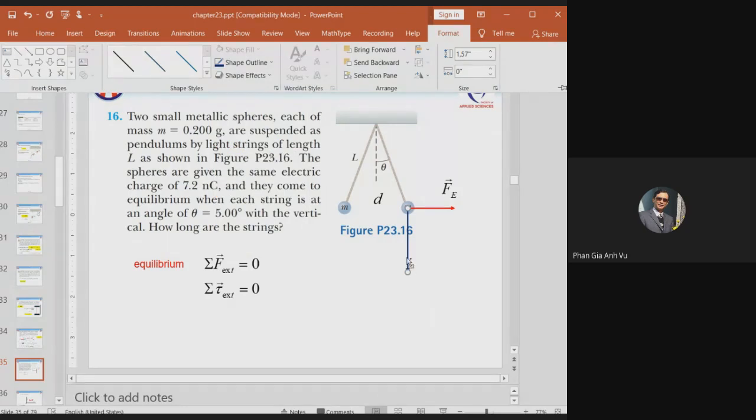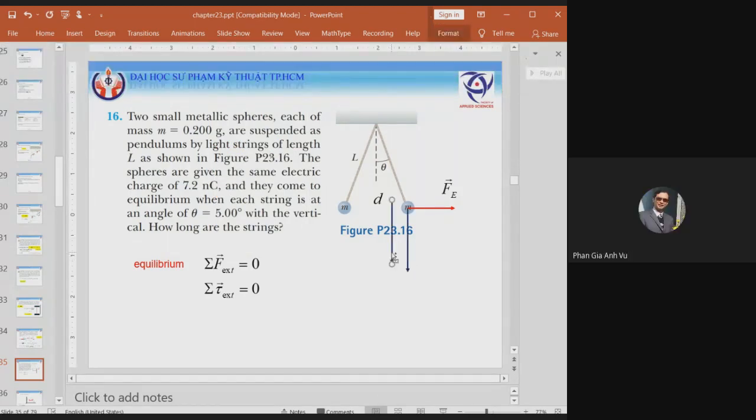And then the lực căng dây, the tension, right? So the sum of these three forces must be 0. So we have here a problem of a triangle. When I move this force to this one, I have a right triangle, right? So you can solve it easily at home by yourself.